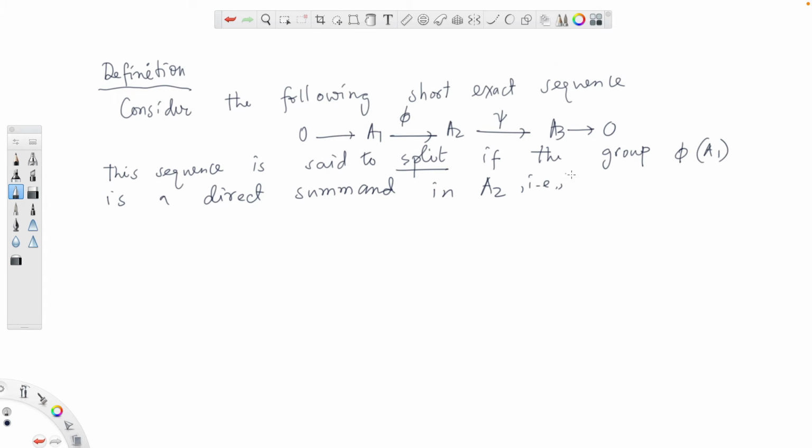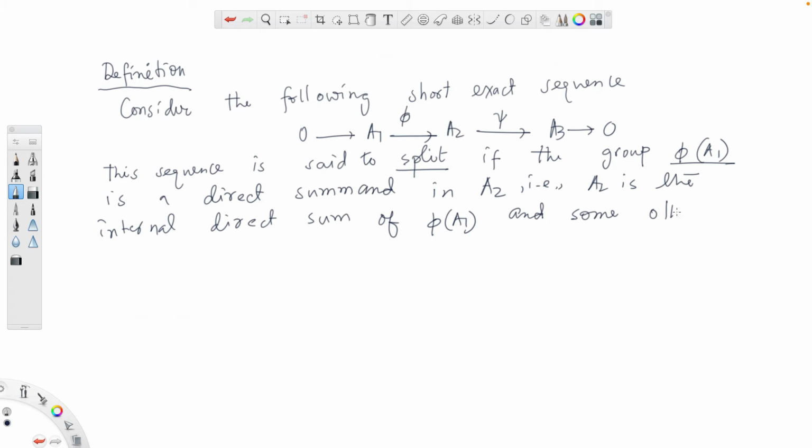It means that A2 is the internal direct sum of this component phi of A1 and some other subgroup B of A2.